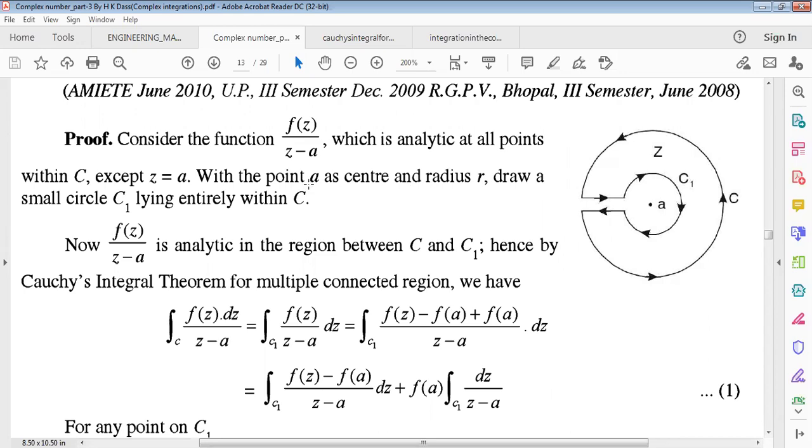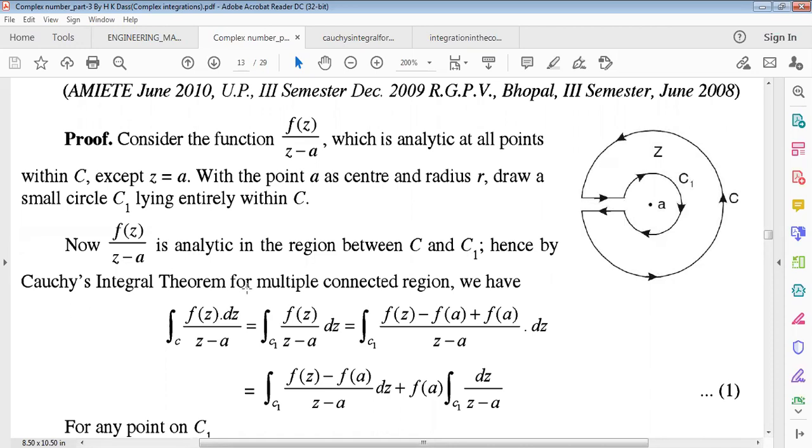With the point A as the center and radius r, we draw a small circle C1 lying entirely within the big circle C. So this rational function is analytic in the region between C and C1.